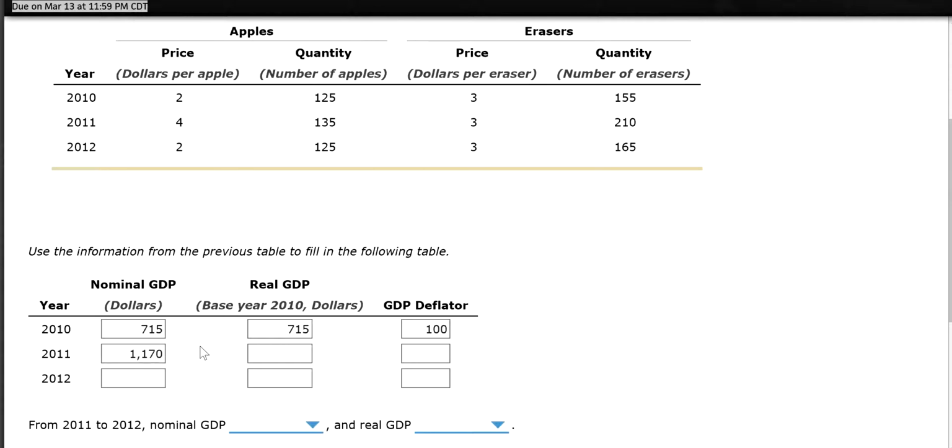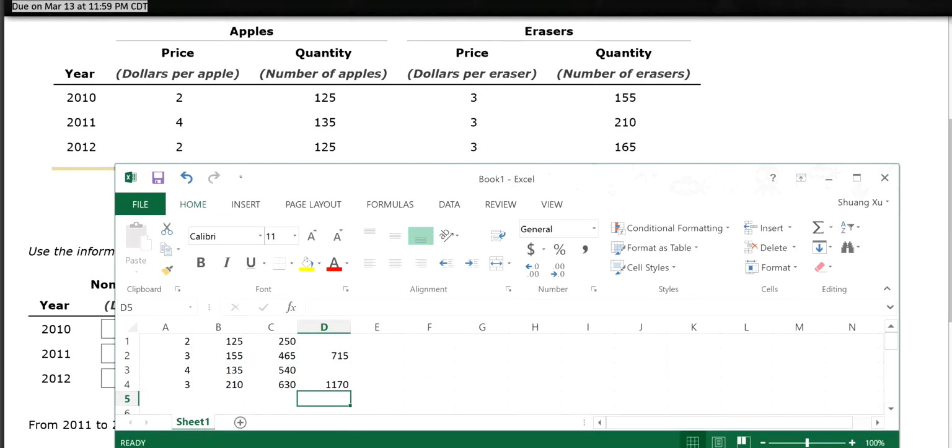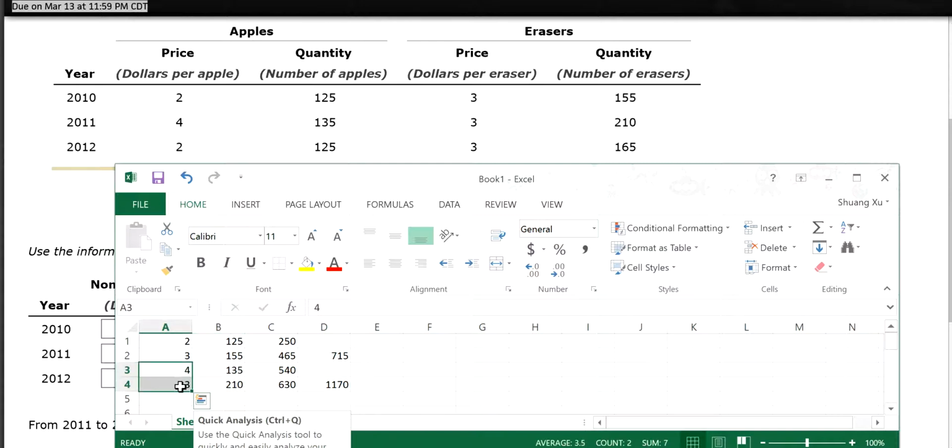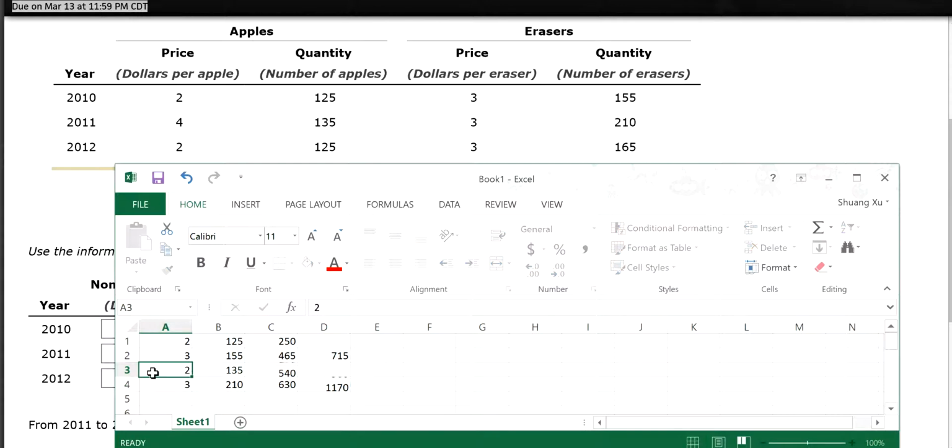Now, for real GDP, we're going to stick with our 2011 quantity, but for the price, we're going to go back to our 2010 price. So let's see how this calculation works out. Okay, so the quantity is still the same, so it's 135 and 210, but for the price over here, we're going to change it to the 2010 price. So in 2010, the price for apple was $2, so 2 over here, and then the price for eraser was still $3.